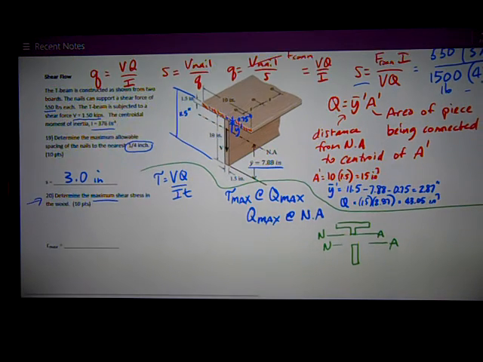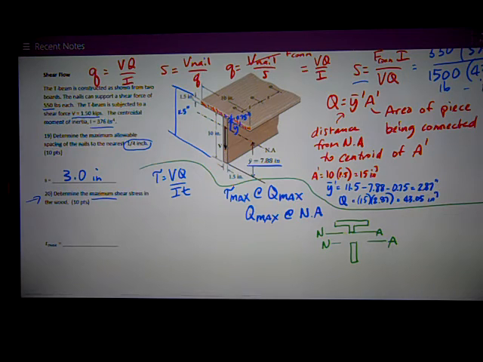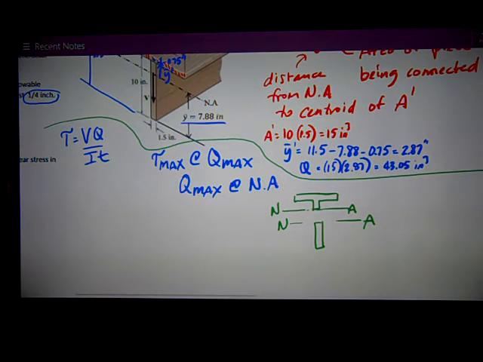Obviously, the bottom part is the easier part, because this is a rectangle. It's Y-bar tall, 7.88 inches. It's 1.5 inches thick. So for that thing, A prime is just 7.88 times 1.5. That number works out to be 11.82 square inches.